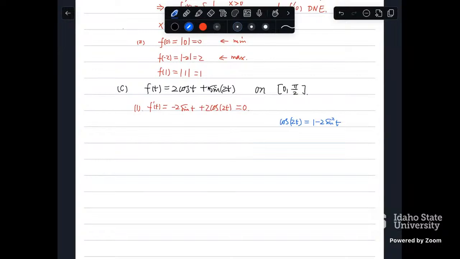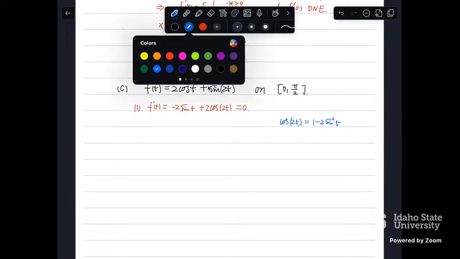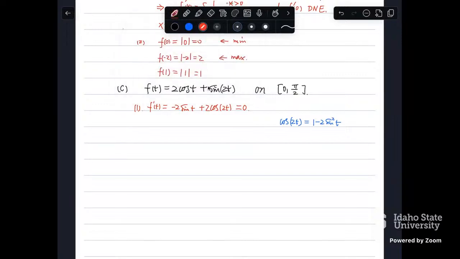But the reason I use this form is that the first term involves the sine function, so I use this one. Once we have that, we can write 2 times sine of t plus 2 times (1 minus 2 sine square of t), and the whole thing equals 0. Does this make sense?